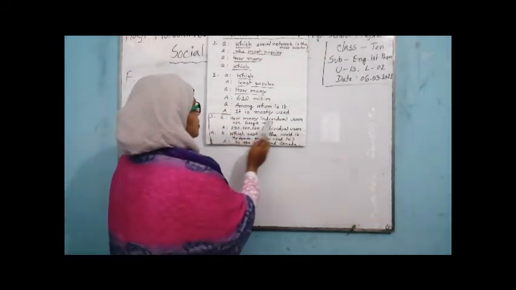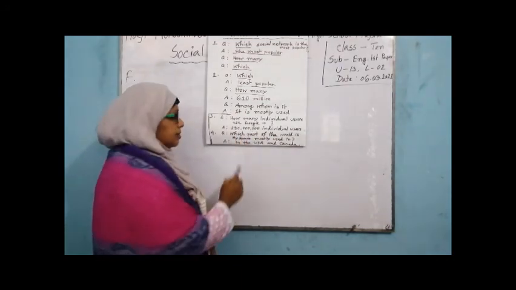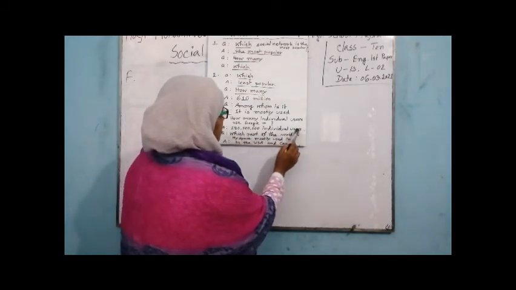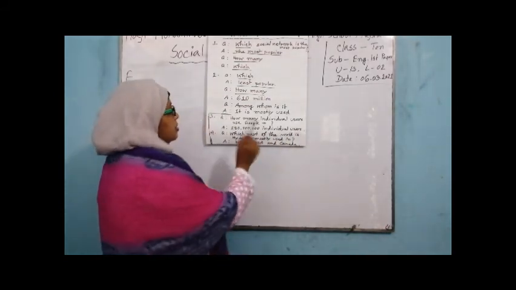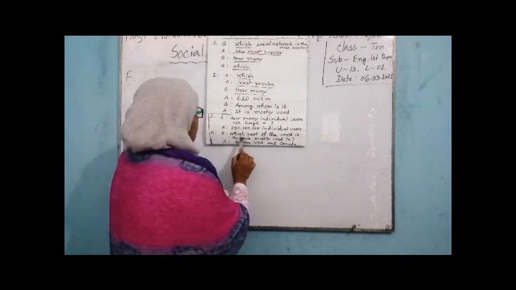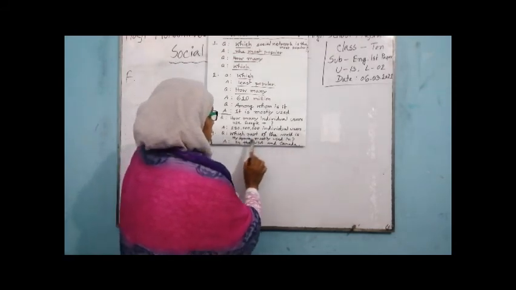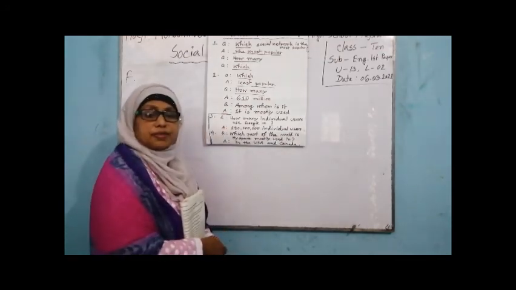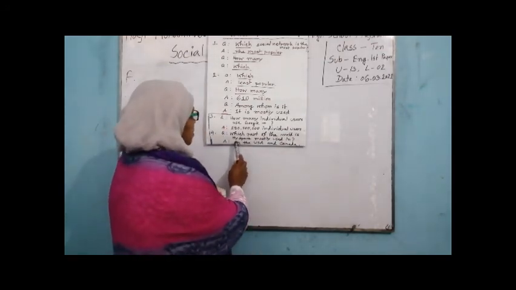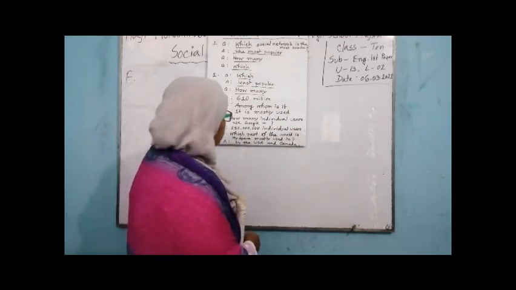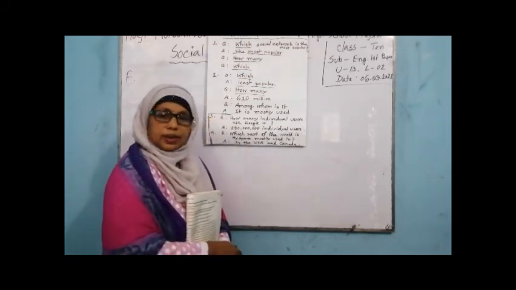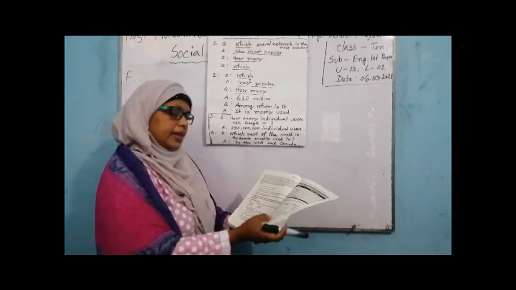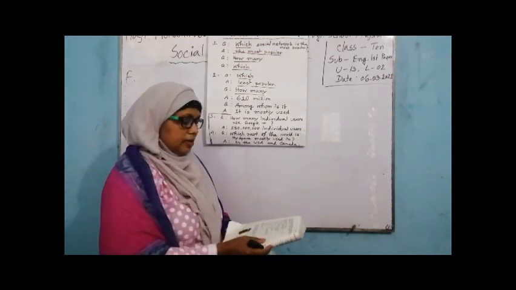Question: How many individual users use Google Plus? 250 million individual users use this Google Plus. Number 4 question: Which part of the world is MySpace mostly used in? In the US and Canada. Okay? And like this, you will make other dialogues.